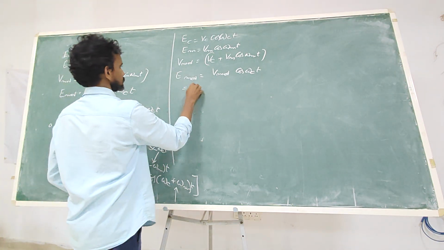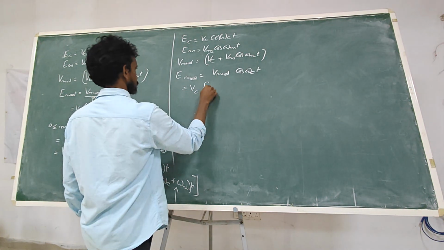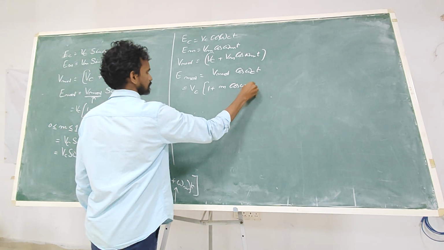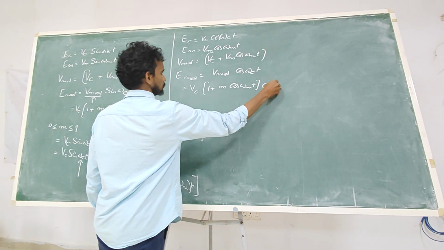So in total it is Vc (1 plus m cos omega mt) cos omega ct.